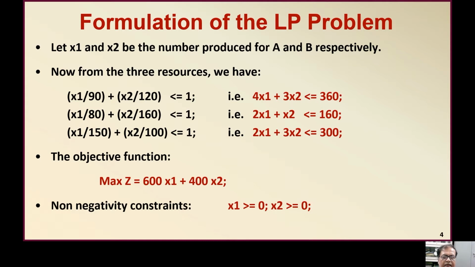So we can simply multiply by a common factor, that is 360, 160, and 300, and translate them, that is 4x1 plus 3x2 less than or equal to 360, 2x1 plus x2 less than or equal to 160, and 2x1 plus 3x2 less than or equal to 300. So that would actually complete our formulation.